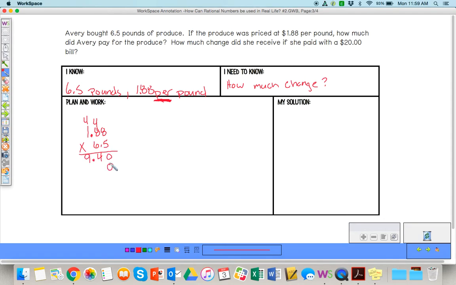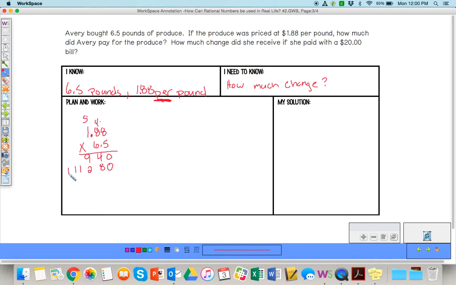Okay, we bring down a 0. 6, these go away. 6 times 8 is 48, plus 2, okay, is 52, sorry. 6 times 1 is 6, plus 5 is 11.